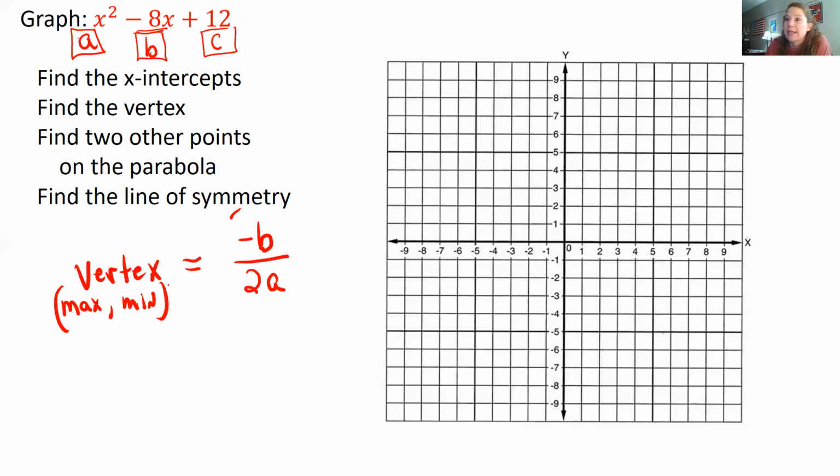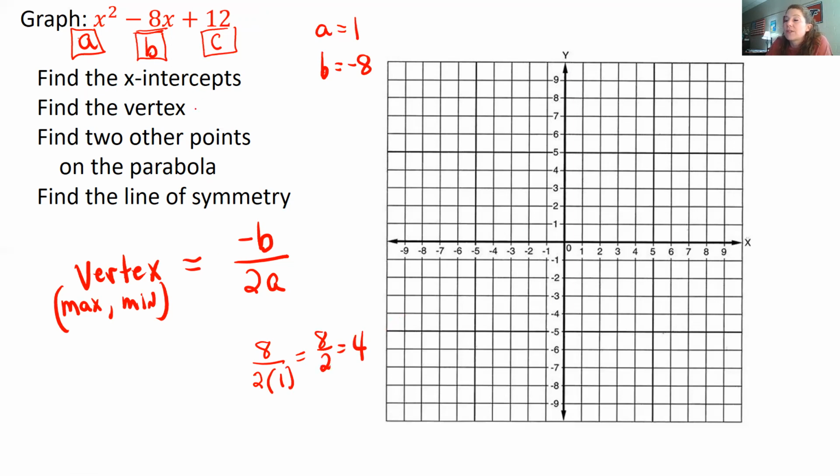Right now we're using only A and B. All right, so I'm going to use the opposite of B. So A is 1 and B is -8. So when I do the opposite of B, I'm going to plug in +8 over 2 times A, which is 1. So 8 over 2 is 4.